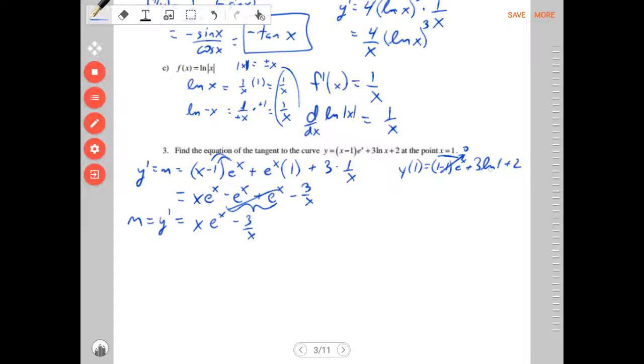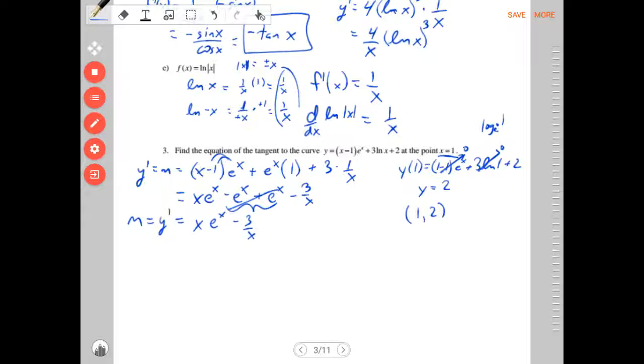Now, it just so happens that, remember the shortcut, ln is log base e of 1. Well, e to the what is 1? e to the 0 is 1. So this part here is also 0. So then y equals 2. So this graph goes through 1, 2.